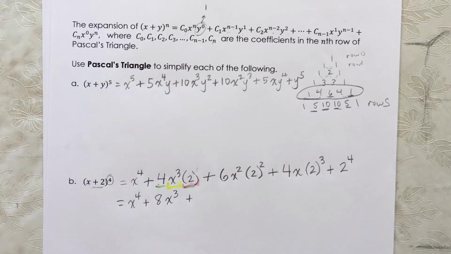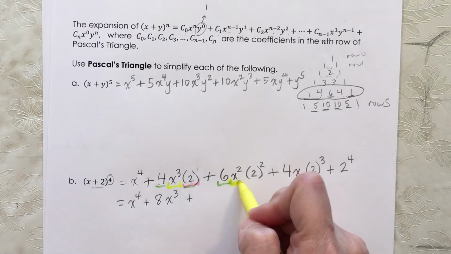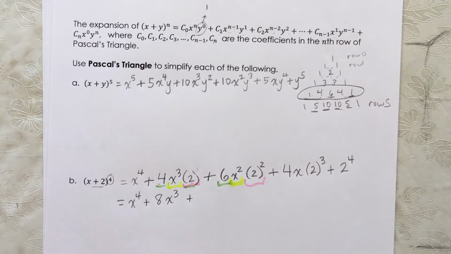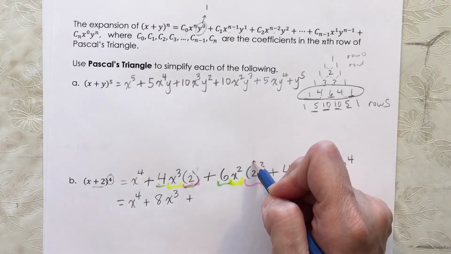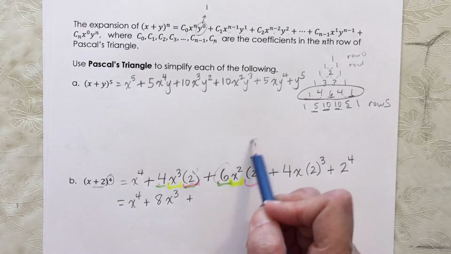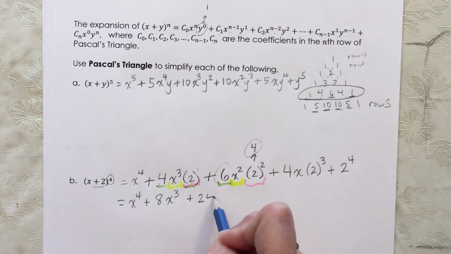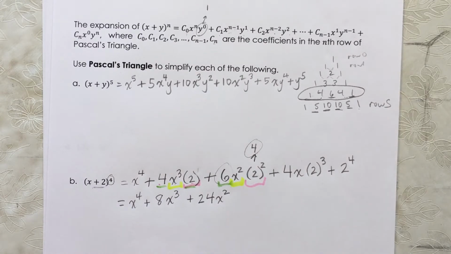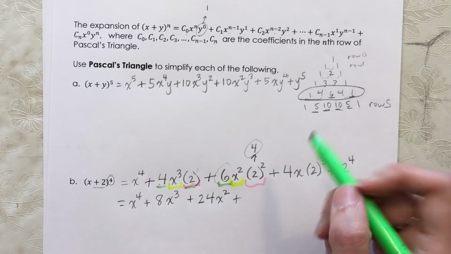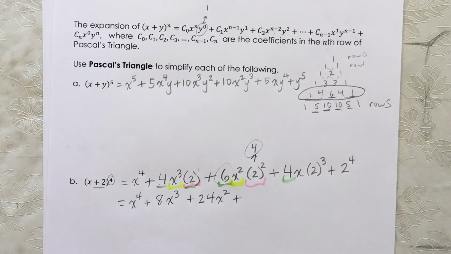Plus, if I look at this one again, I've got a 6 times an x squared times 2 squared. I know off my calculator, in my brain, that 2 squared is really 4. So I can multiply the 6 by the 4 and get 24x squared. Plus, now I'm looking at this term, I've got a 4, an x, and a 2 to the power of 3.